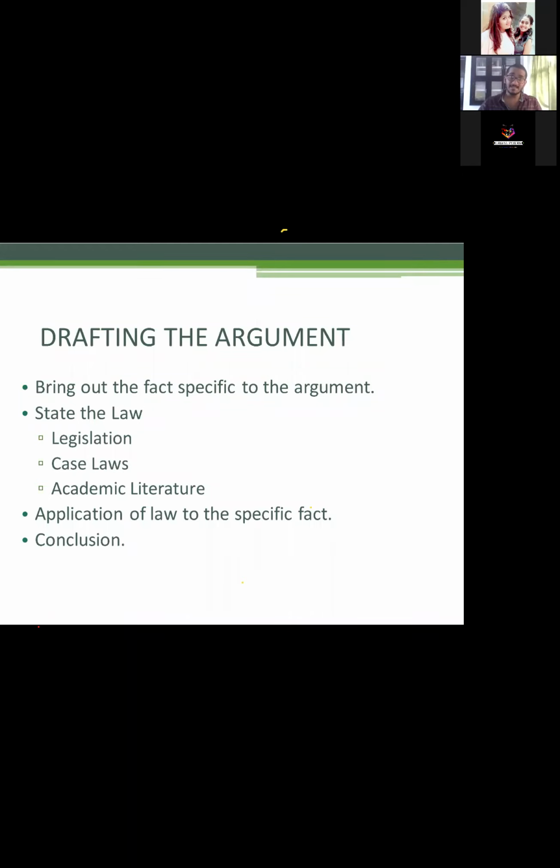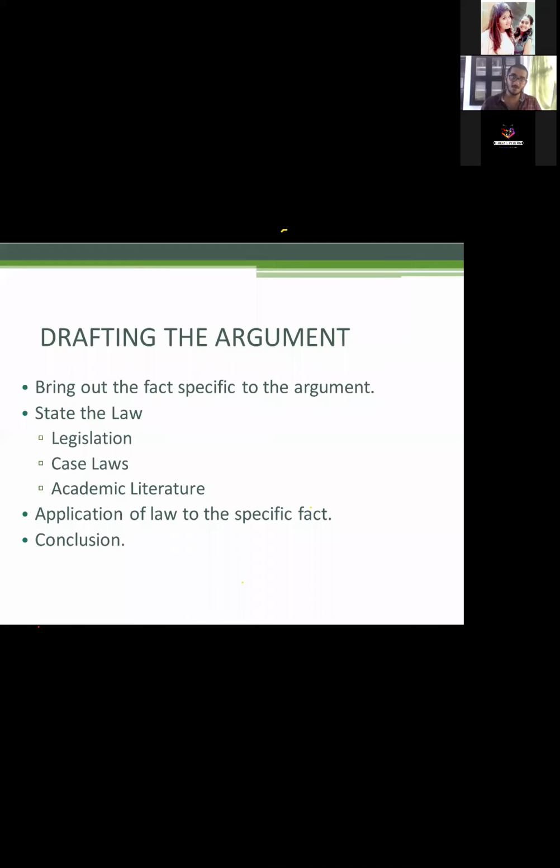So that is with regard to academic literature. Again, it is not compulsory that you include the academic literature. Only if the legislation fails, only if the case laws that you have cited do not answer your issue, then only you will have to include the academic literature. So it's all about finding what's relevant and screening out only what is important.